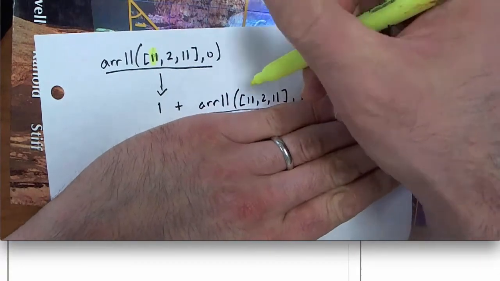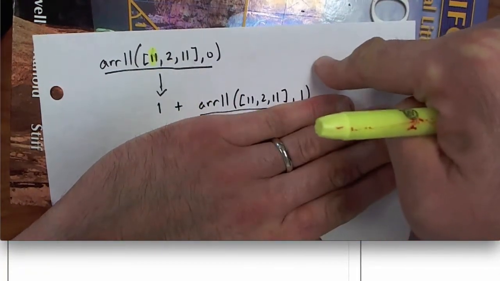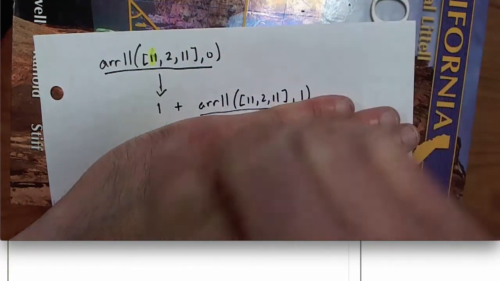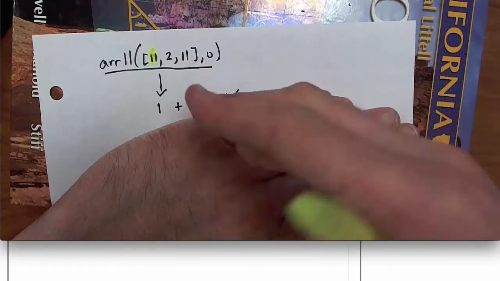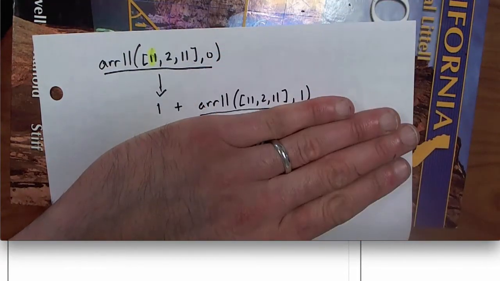In other words, I know I've got 1 here, plus I make this recursive call on the rest. I don't know how many 11s are in the rest of this array, but I know it'd be 1 plus whatever this result is. That's the whole thing with recursion: you don't know what this is until you finish, and then the result comes back up.